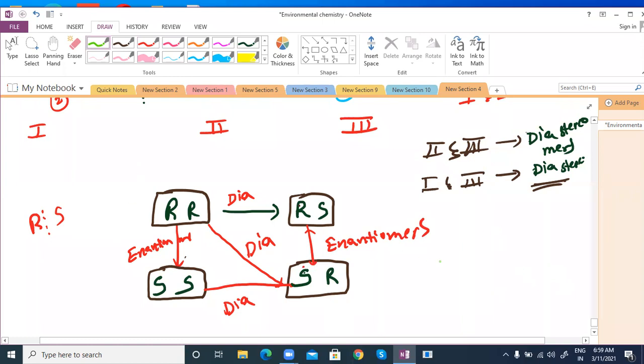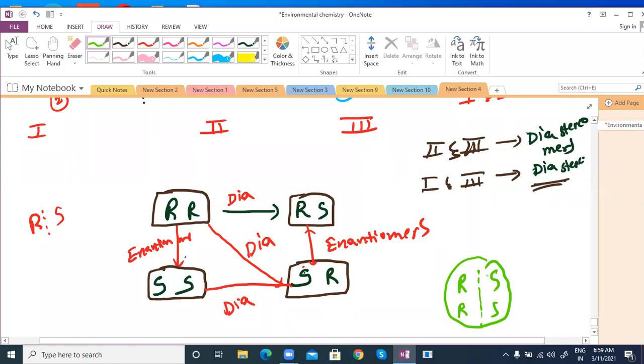If you follow this one, you can get most of the questions very easily. Keep in mind, mirror images should be enantiomers. Suppose two configurations we are getting, R and R. If that becomes SS, this is enantiomers. A mirror image should always be opposite. Always opposite.